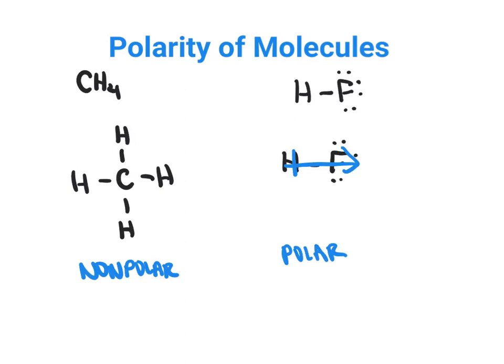Sometimes, however, you run into a situation where even though the bonds are polar, the molecule itself is nonpolar. Let me show you one. This is the molecule CF4. Fluorine is the most electronegative. I'll put the lone pairs on there, just so we do this properly. The thing is, each one of these bonds is the same strength, and the molecule is symmetrical.